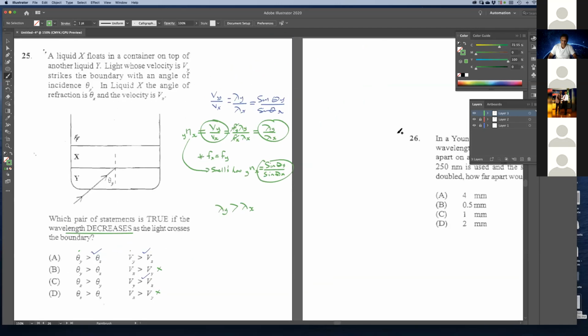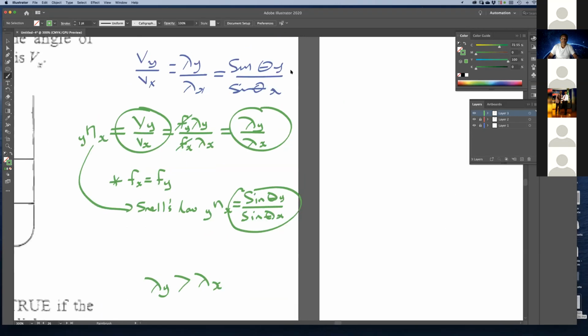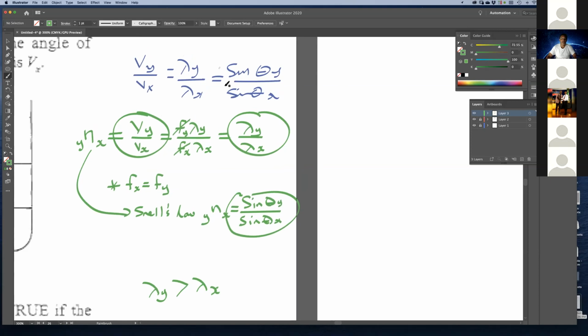Now, looking at the same equation again, if lambda y is greater than lambda x, lambda y over lambda x is sine theta y over sine theta x. Mustn't theta y also be bigger than theta x? Lambda y is bigger than lambda x, so theta y must be greater than theta x.